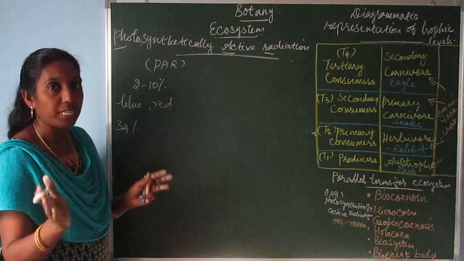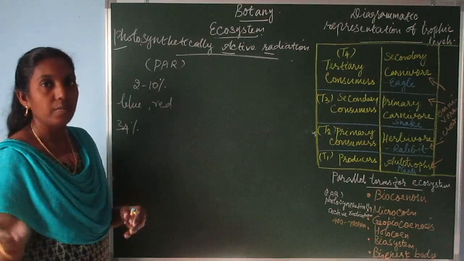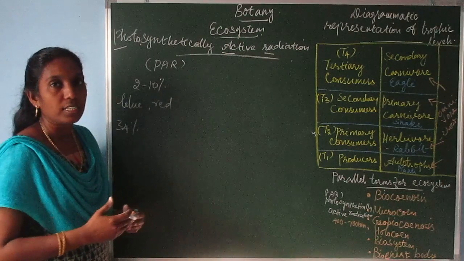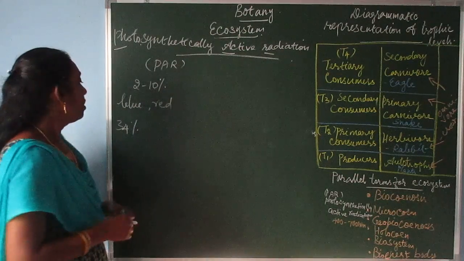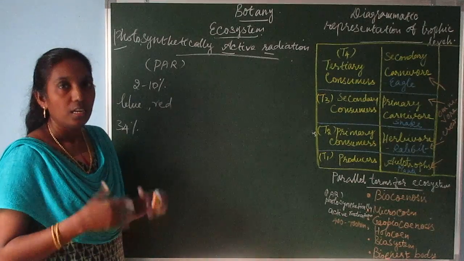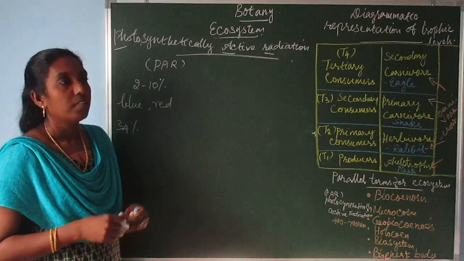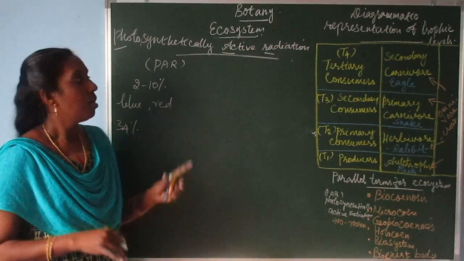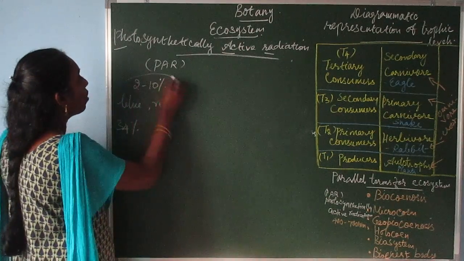Only 2 to 10% of energy can the plants utilize for the photosynthetic process. The remaining 56% is on the earth, and the remaining percentage is emitted in the form of heat. So plants utilize only this amount.